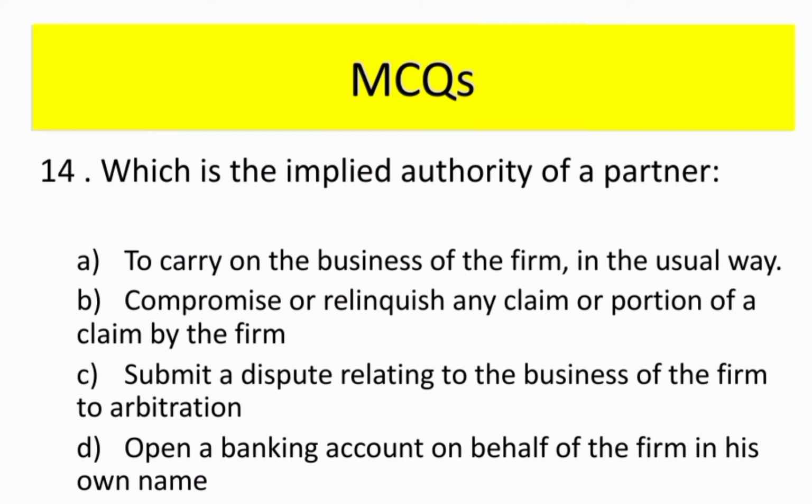Option C, submit a dispute relating to the business of the firm to arbitration. Option D, open a bank account on behalf of the firm in his own name. So the correct answer is A, to carry on the business of the firm in the usual way.